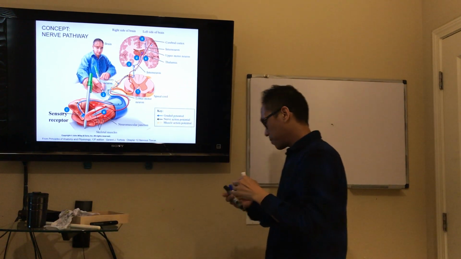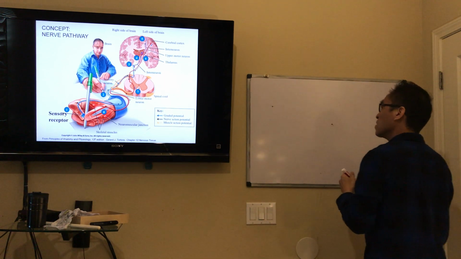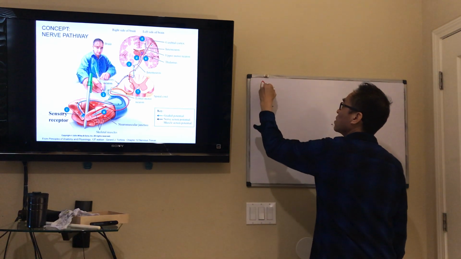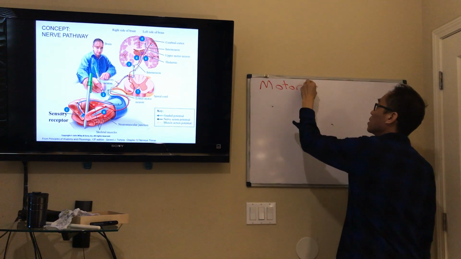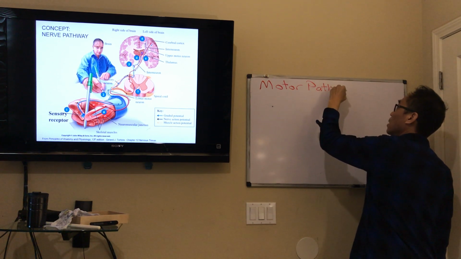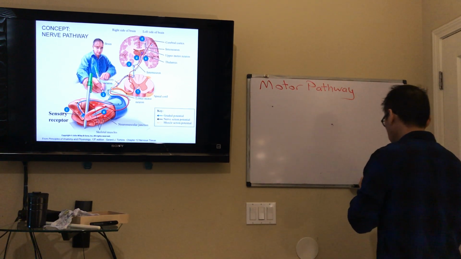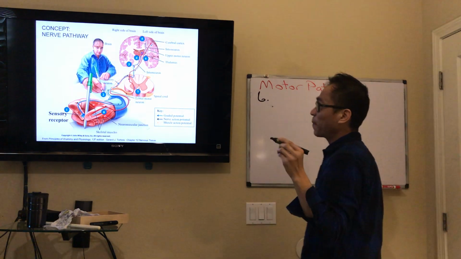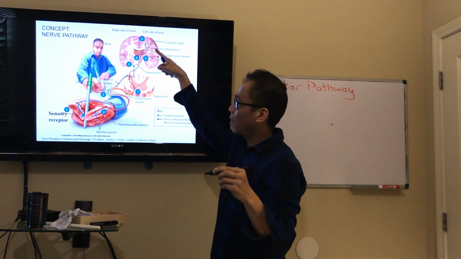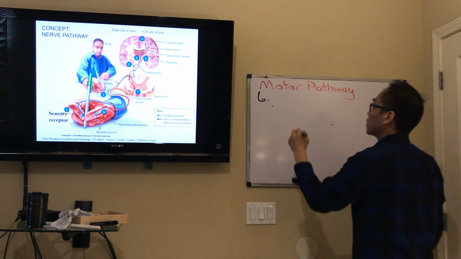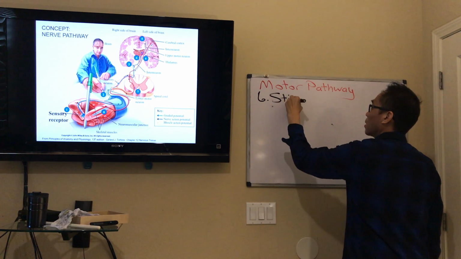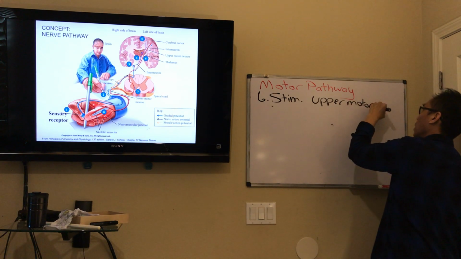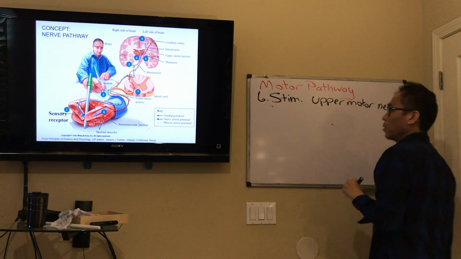I'll use red for motor again. Number 6. Now you're issuing a motor command, so you first stimulate the upper motor neuron. You're going to control your muscle.